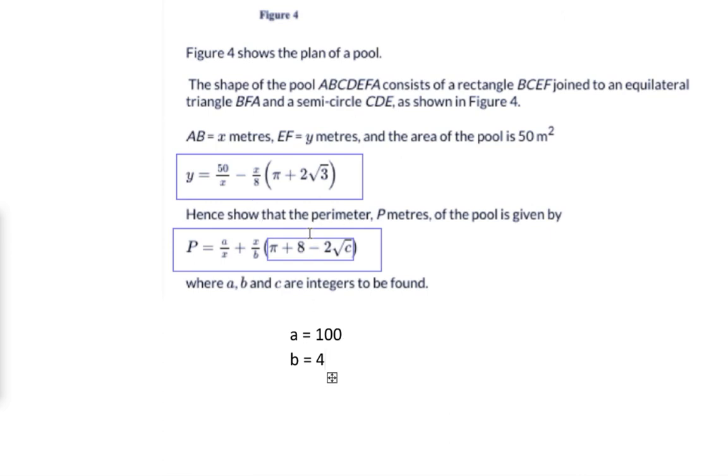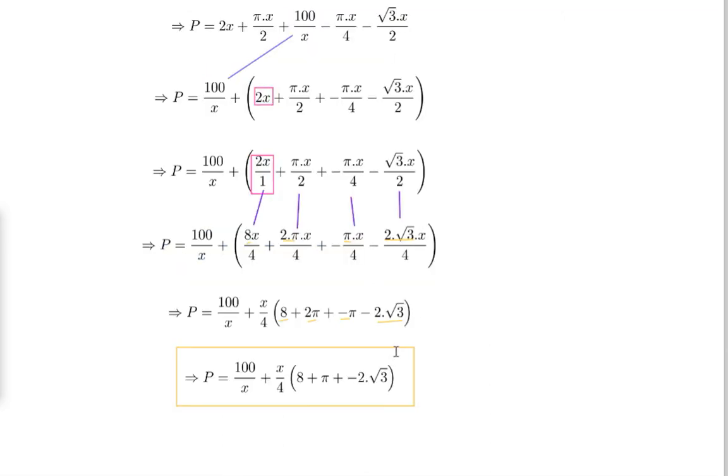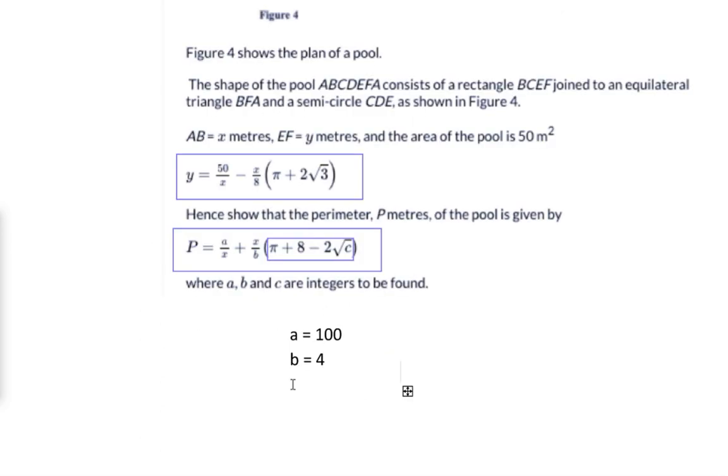And it says where A, B, and C are integers to be found. Root C must be root 3. And so finally, C is equal to 3, the square root of 3 there. And so therefore we have the solution to this problem.